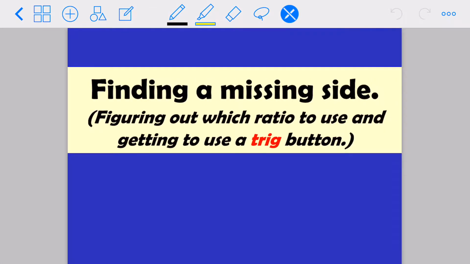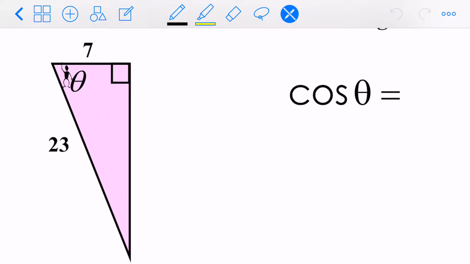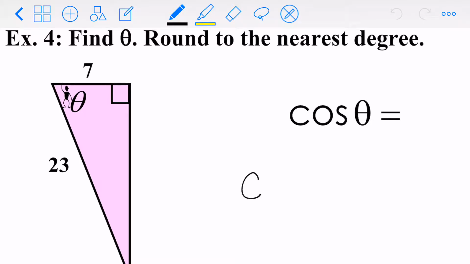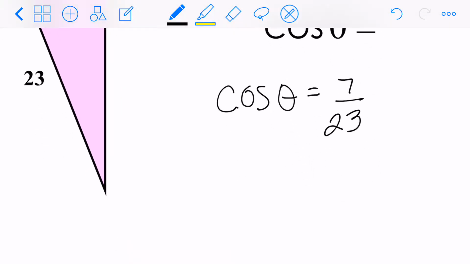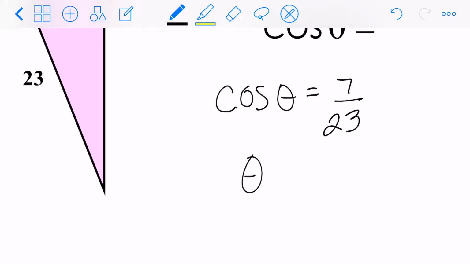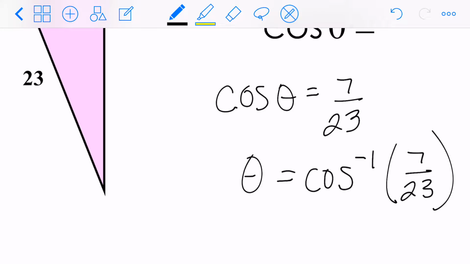Okay. Let's see. Okay, we've got one more. We'll just do it for cosine. Same thing. We're going to have cosine of theta equals, now this time it's going to be adjacent over hypotenuse, so 7 over 23. And so we're going to have theta equals the inverse cosine of 7 over 23. 7 divided by 23.